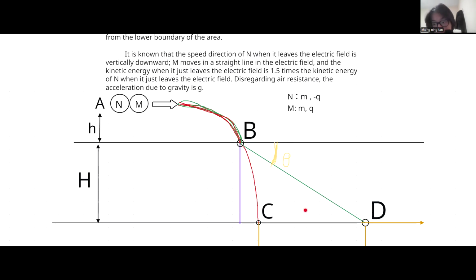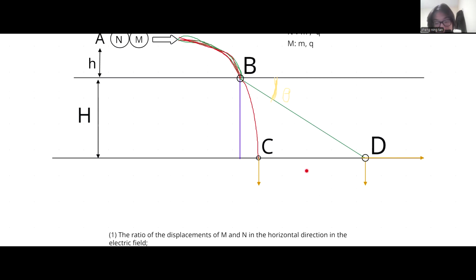When N leaves the electric field, its speed is only in the vertical direction, so the horizontal speed is 0. We can use the formula for acceleration to represent the displacement of M and N. At this time, we have three formulas.